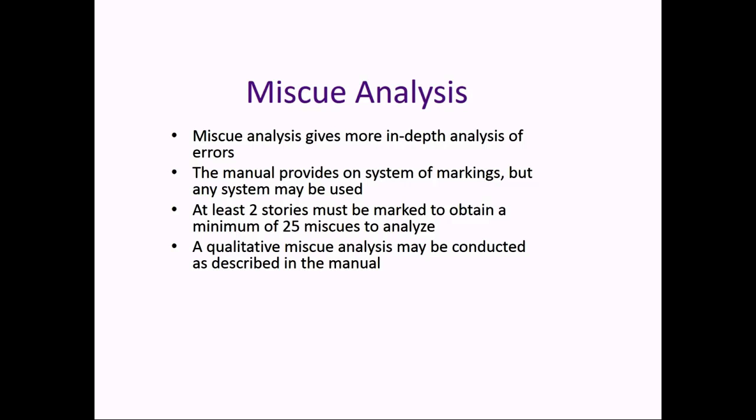Now we're going to do an analysis. So this is a little more in-depth analysis of the errors. At least 2 stories must be marked to obtain a minimum of 25 miscues to analyze. So you're going to need at least 2 stories, probably more, to get 25 miscues. And you do a qualitative analysis.